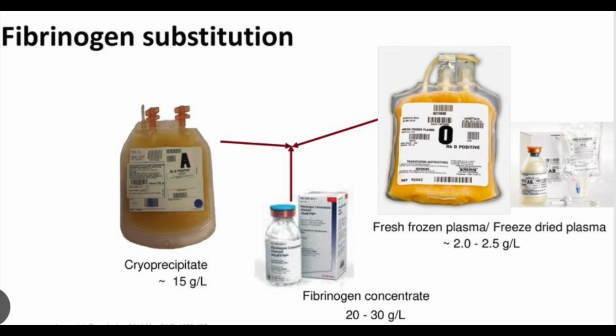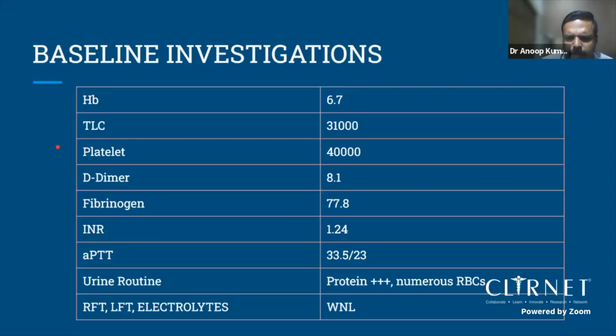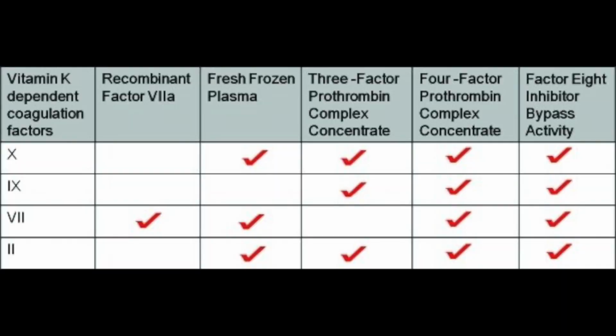So you want to use 4-factor PCC to cover for low fibrinogen, you mean? No, sir, not only for fibrinogen. What is there in 4-factor PCC? Factors 2, 7, 9, 10. Are you sure you have fibrinogen also in 4-PCC?